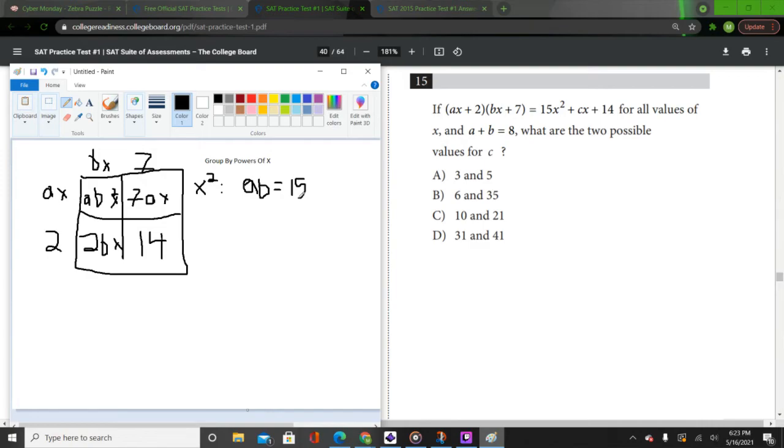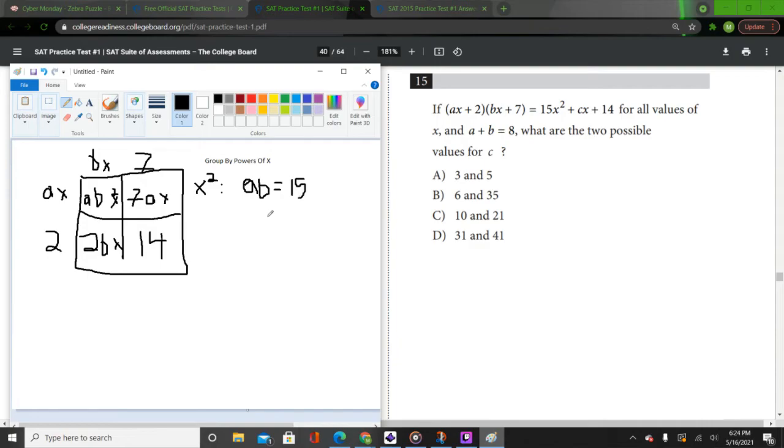And for c, well, let's see. What are the two possible values for c? All right. Sorry, I made a little mistake.